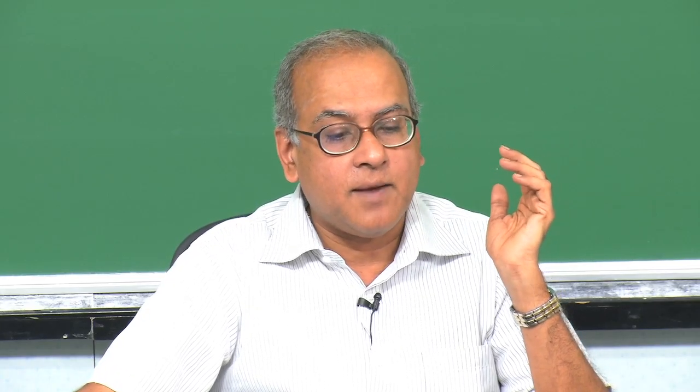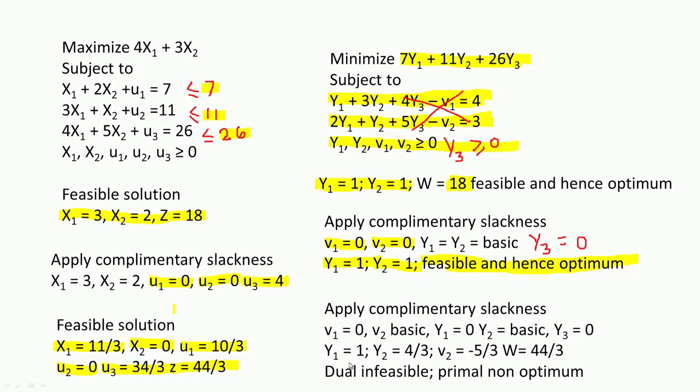Now let me apply complementary slackness and see what happens. Now when I apply complementary slackness, x1 is in the solution, so v1 is equal to 0, u1 is in the solution, so y1 is equal to 0, u3 is in the solution, so y3 is equal to 0.